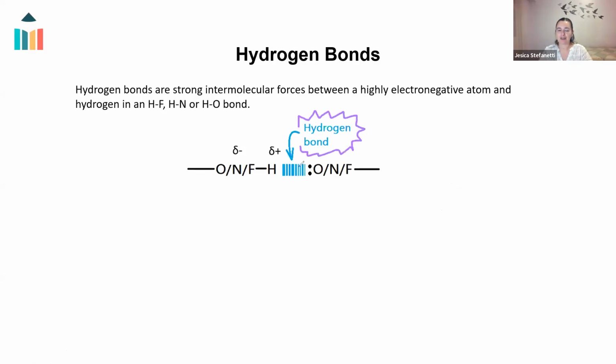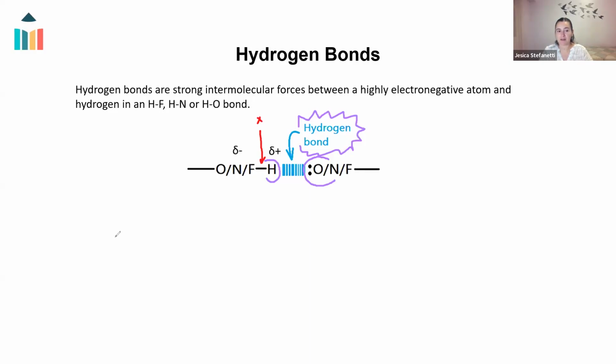You can see the dashed line here. The hydrogen bond is an attraction between one hydrogen and a highly electronegative atom from another molecule. Could be the same type of molecule or another type, but many students, to be honest, will think that the hydrogen bond is this bond here. That's a huge misconception.